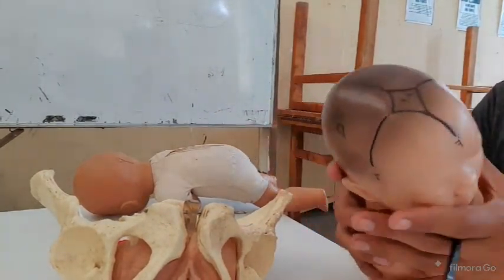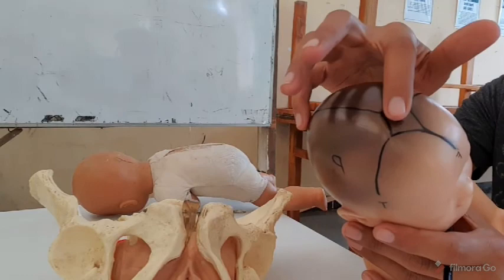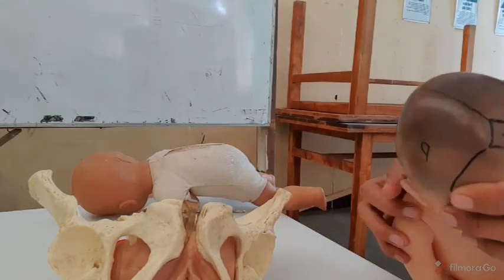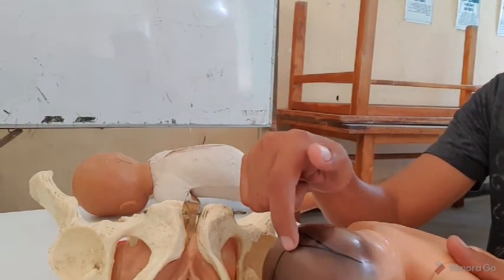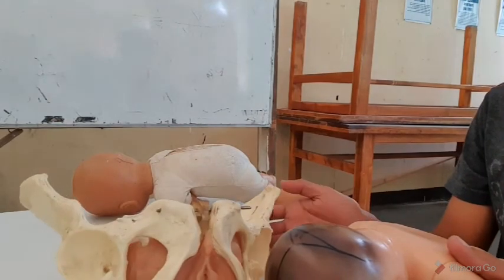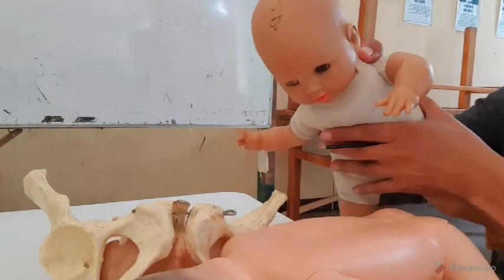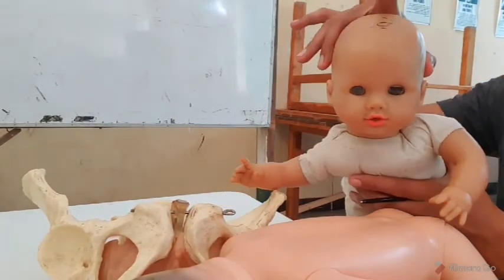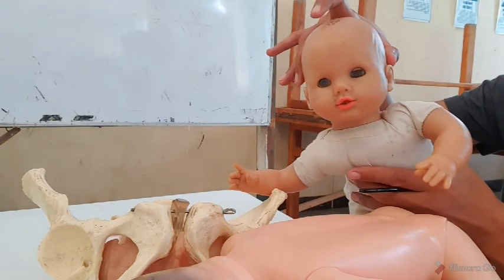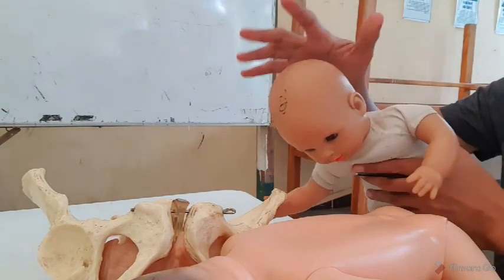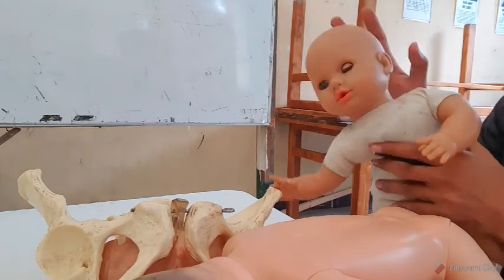So usually our landmark is the fontanelles. So if we can palpate the lambda during vaginal examination, approximately the fetus is in vertex presentation, whereas if we can palpate the anterior fontanelle, approximately the fetus is in brow presentation, because the anterior fontanelle is located near the face, and usually we palpate the diamond shape, whereas in face presentation we can palpate the facial features or facial parts.